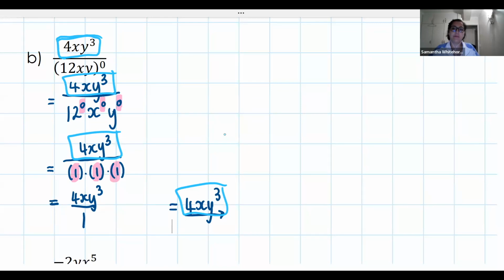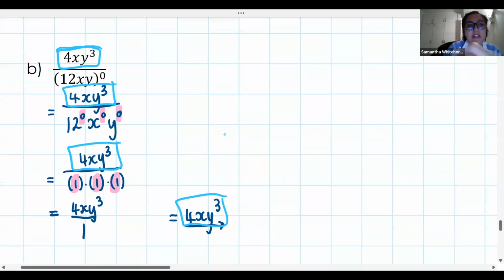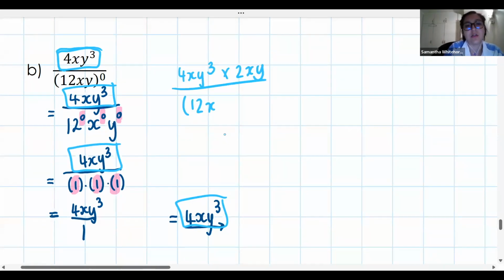Wandile? Evening, ma'am. Ma'am, so my question is, when a numerator does not have any brackets, it does not change? No, the only time it might change is if, let's say, for example, I had 4xy cubed times, I don't know, 2xy, and then I had my denominator going on.